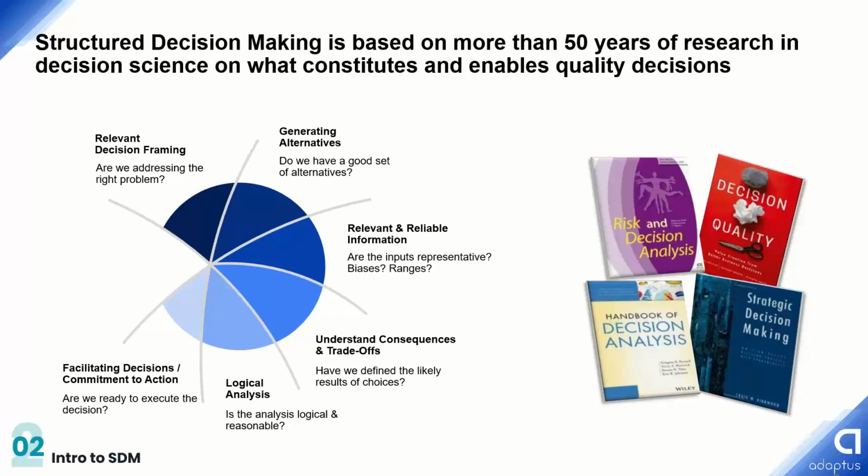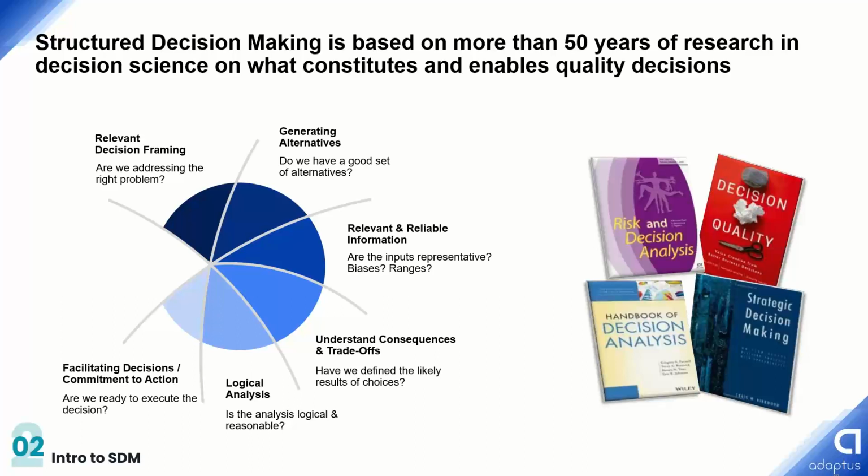What structured decision making is, is effectively a framework built on 50 years of decision science, much of which emanated out of the US, from places like Stanford, Colorado School of Mines, MIT. This science, with very strong natural resource and mathematical bases, basically helps people tackle complex challenges and enable what we call quality decision making.